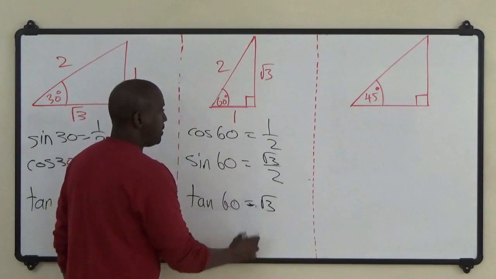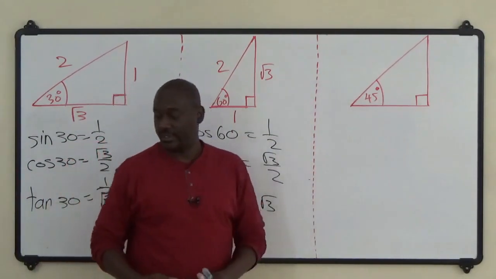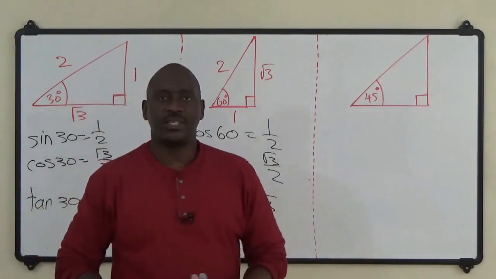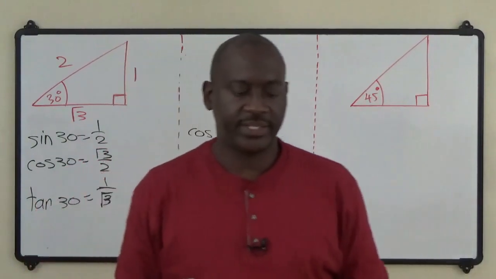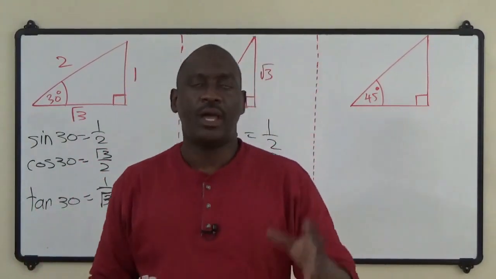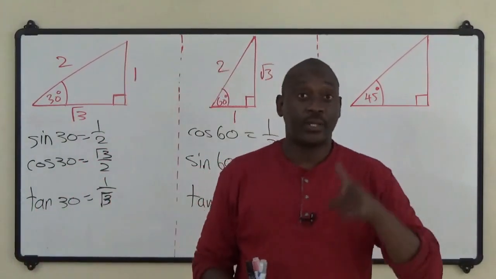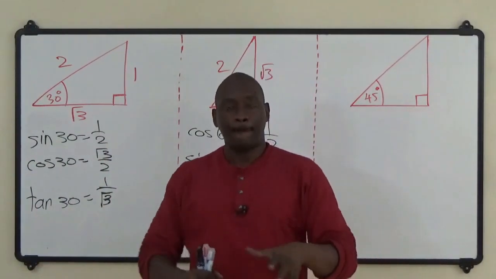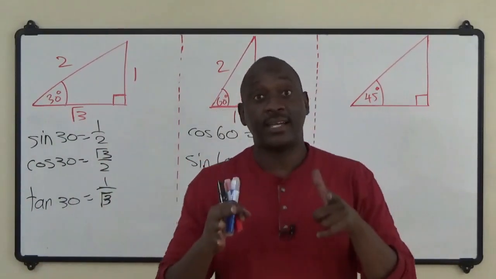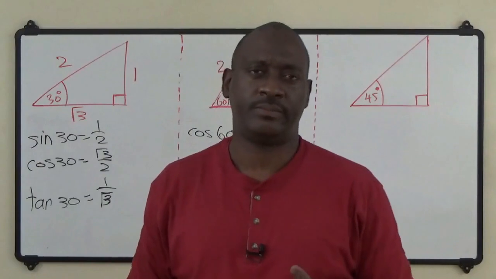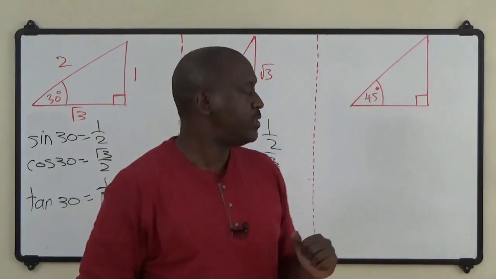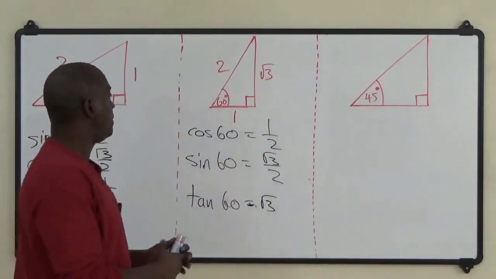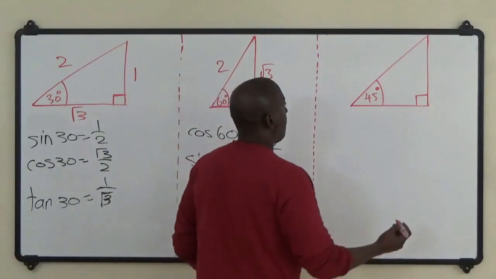Alright? And we're going to do the same thing for 45 degrees. So just as we know that the sine of 30 is a half, and we know that the cosine of 60 is a half, we also know that the tan of 45 is 1. Alright? So knowing that the tan of 45 is 1, we start off like this.